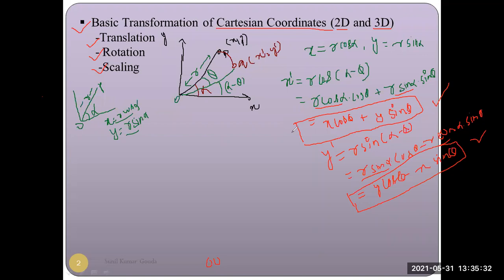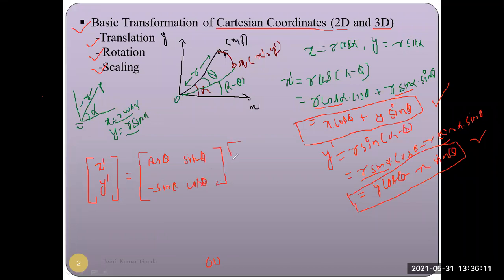Finally you have to represent all these coordinates in a matrix format so that we can perform the operation easily. So if I represent it in matrix format, x dash, y dash is equal to, what will be our transformation matrix? The transformation matrix will be cos theta, sin theta, then minus sin theta, cos theta.